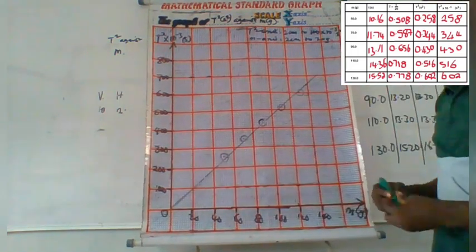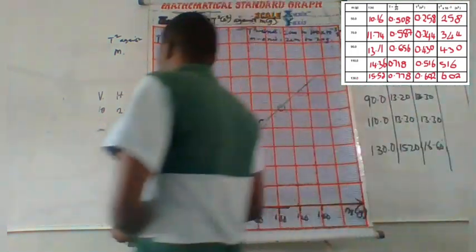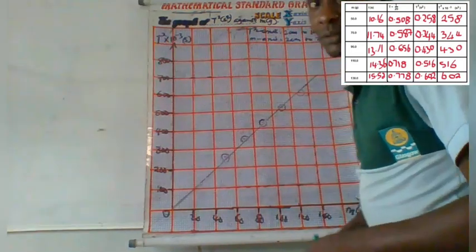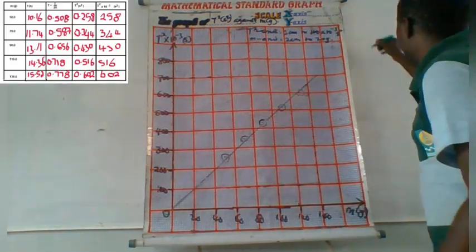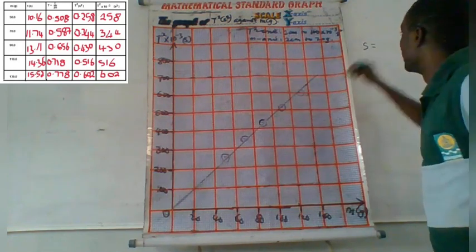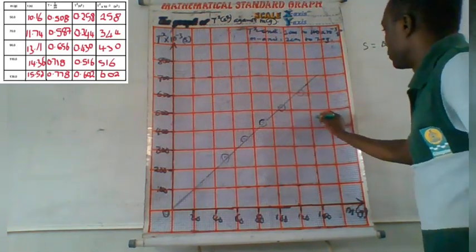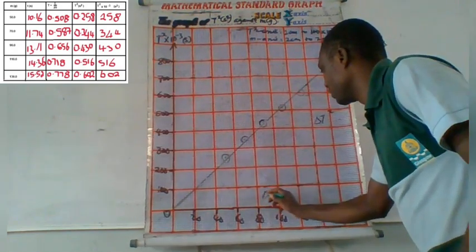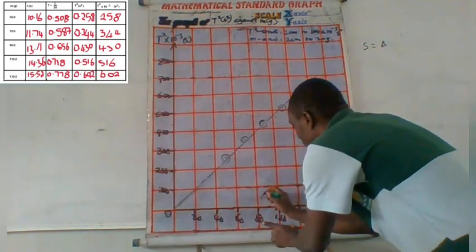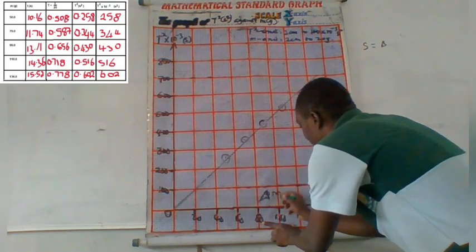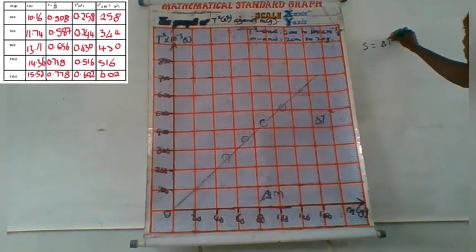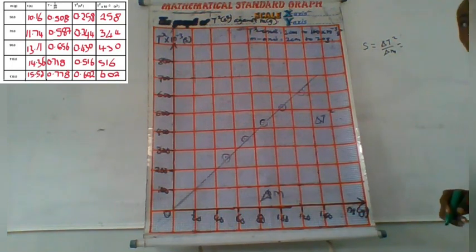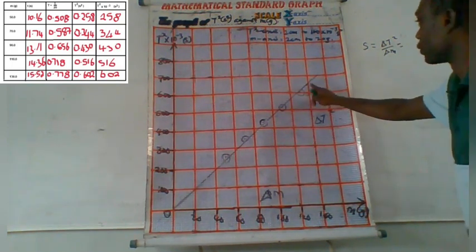So let me get my slope. My slope is going to be change in t squared over change in m. So that's going to be equal to, then you're going to read off this value here.